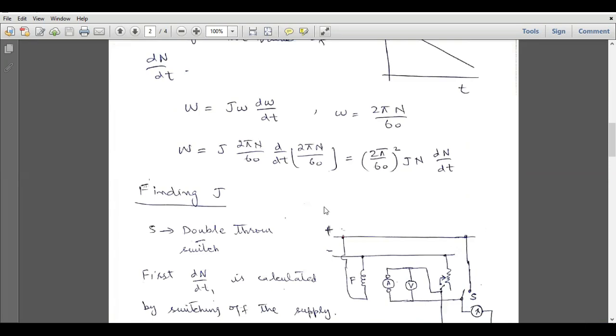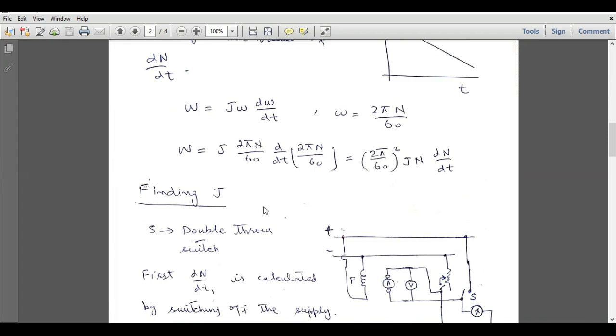So the next task is to find the value of this moment of inertia, right? This moment of inertia is yet another quantity which has to be determined, and we can have such a mechanism in which we can either eliminate this value, or we can indirectly measure it.